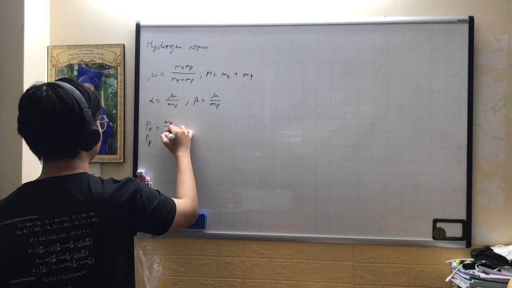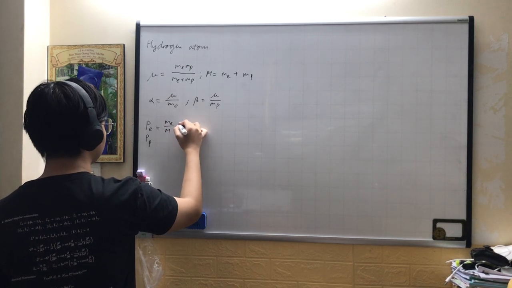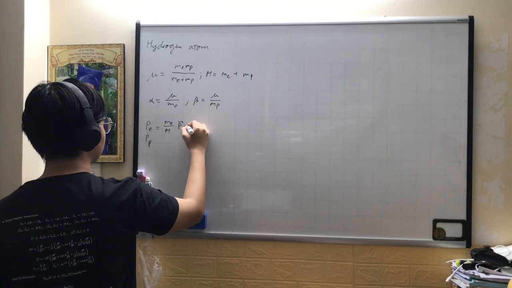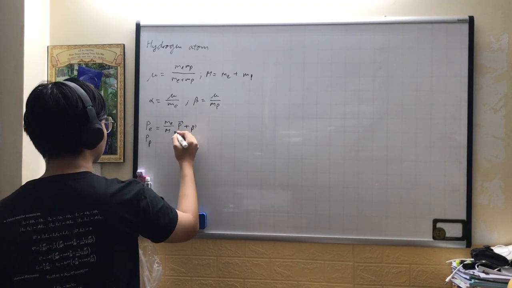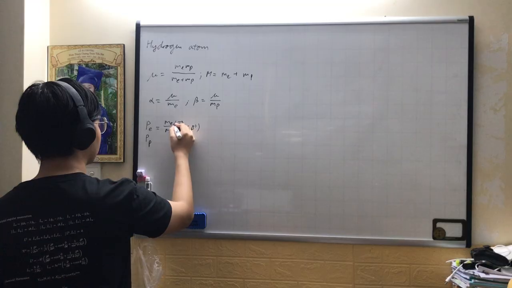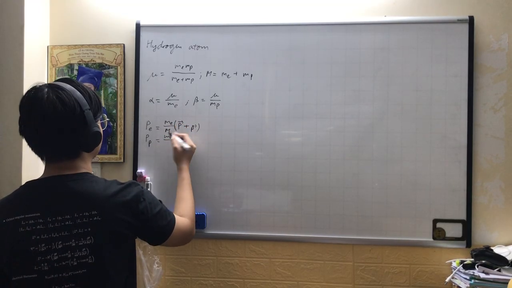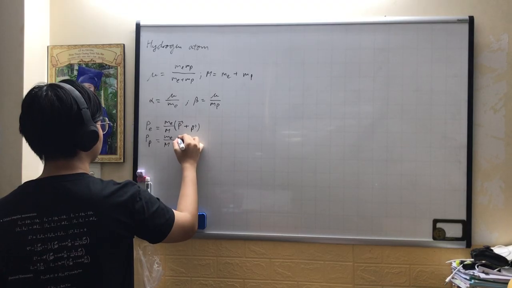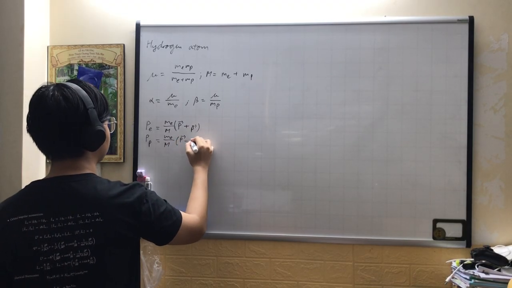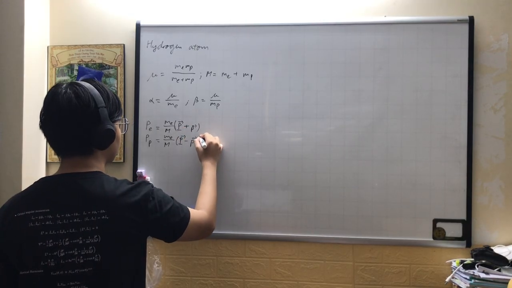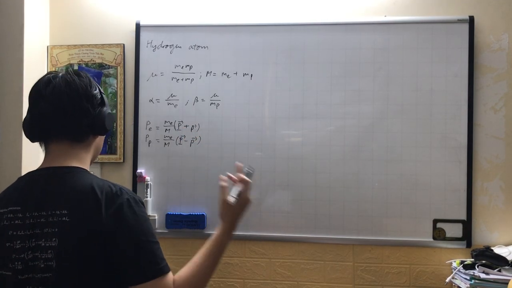This is m_e over big M, the big P plus small p. Next is p_p, and this is gonna be the minus sign instead. This is the big P and that is the small p.